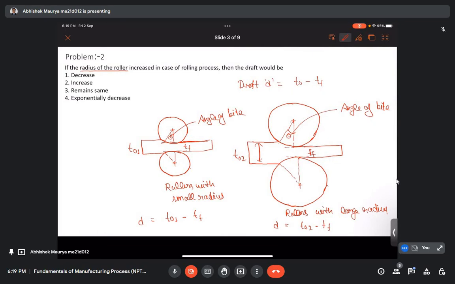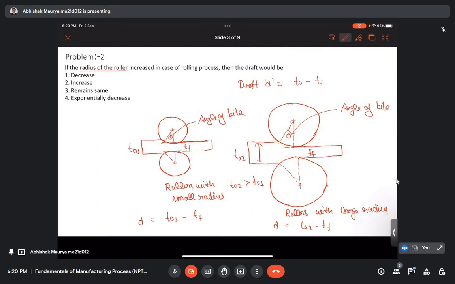So if we see from the diagram, then it's clear that T02 is greater than T01.